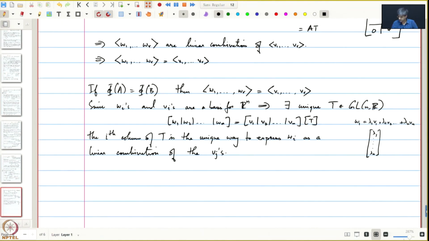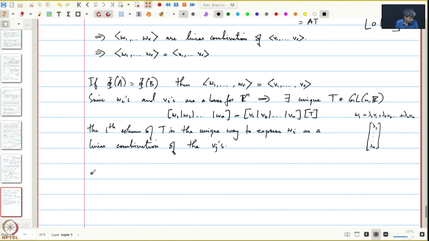Okay. So we just have to show that T is in P. So note that since Wi, we are given this information, that implies that it is in the span of V1 through Vr.